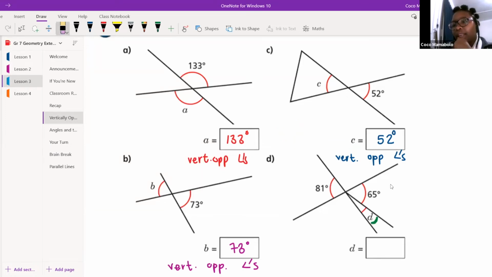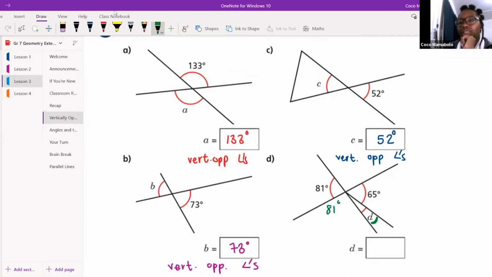Okay. I see someone else called Malehlohonolo. Can Malehlohonolo unmute for me and give me your idea? What do you think D is equal to? I think you divide 81 degrees. Divide 81 by how much? 81 divided by 65 degrees.